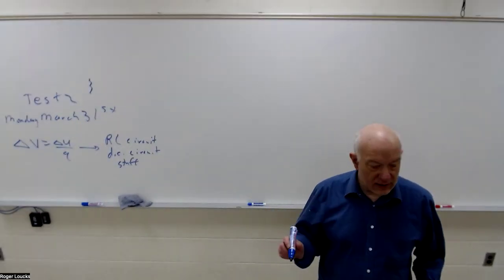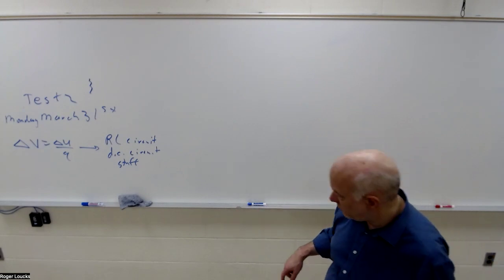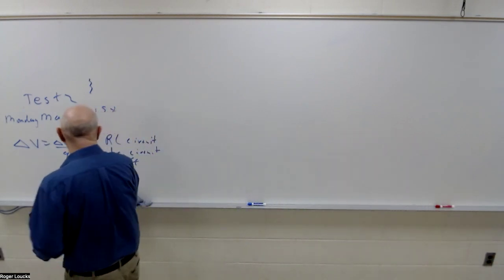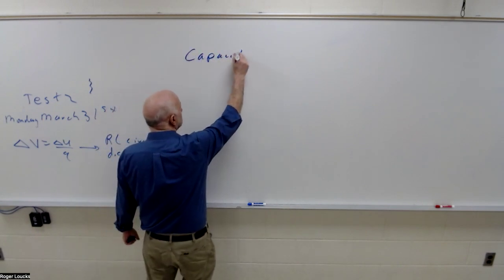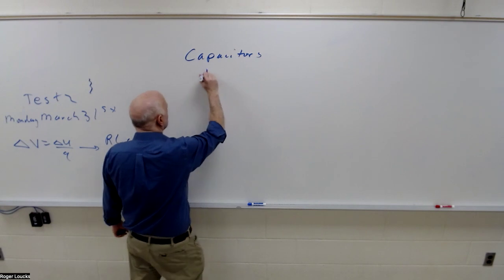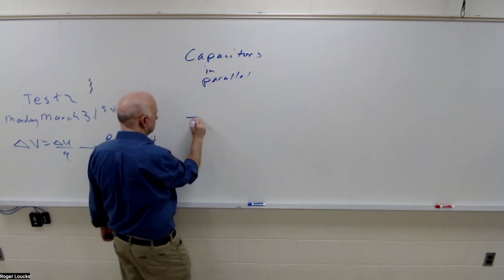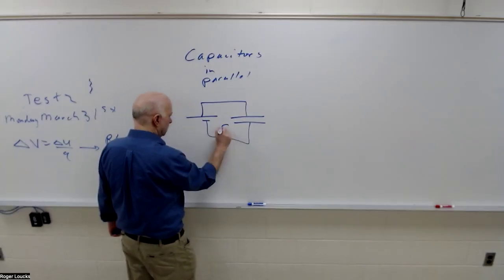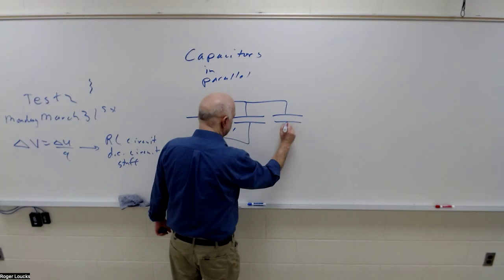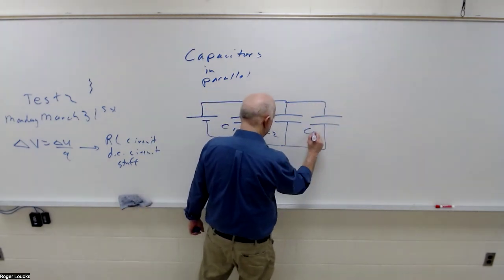So what we want to do today is look at capacitors in series and in parallel. We started this last time. We're looking at capacitors in parallel. So we have this here, and one capacitor, another one, and this.